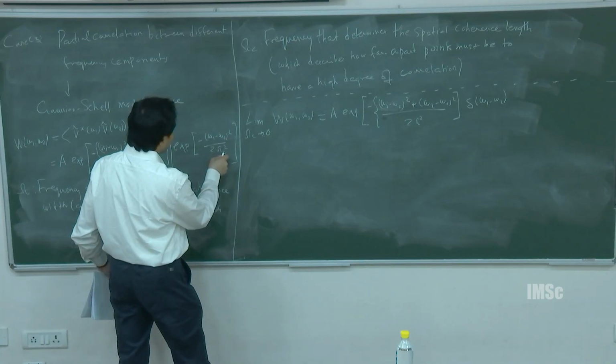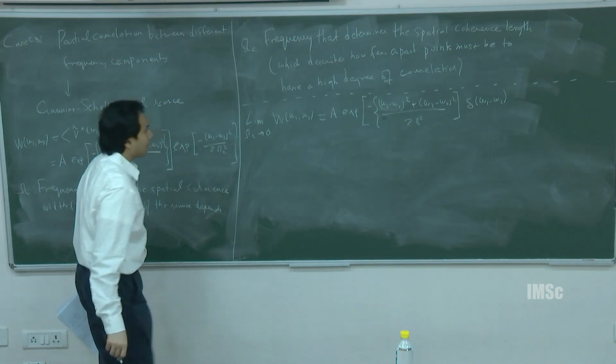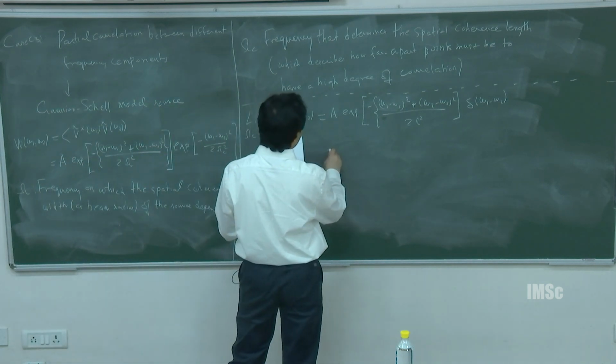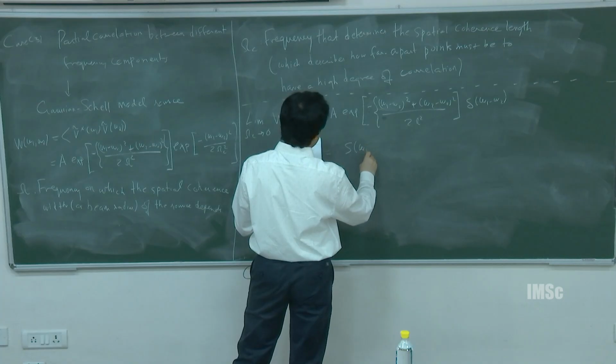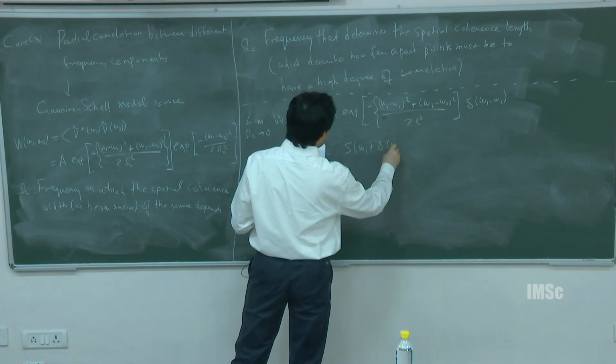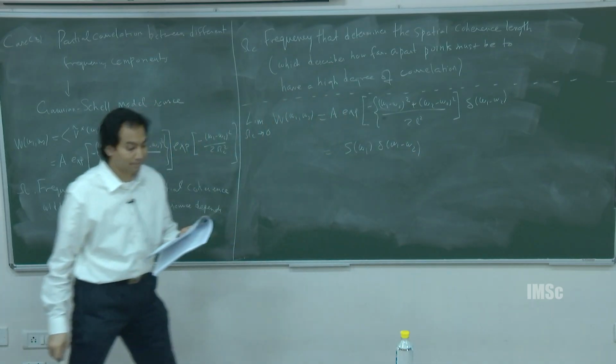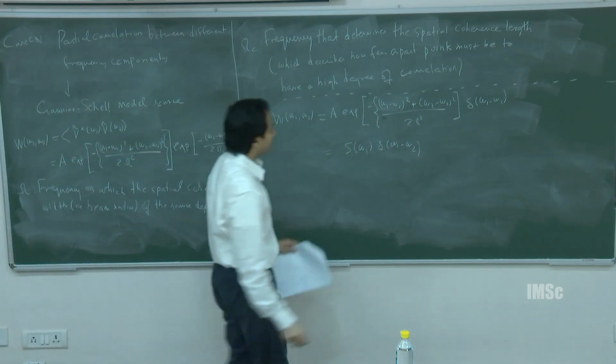In the limit omega c approaching 0, the second Gaussian becomes a delta function. So basically this is nothing but the first case that we considered, the case of no correlation between different frequency components.